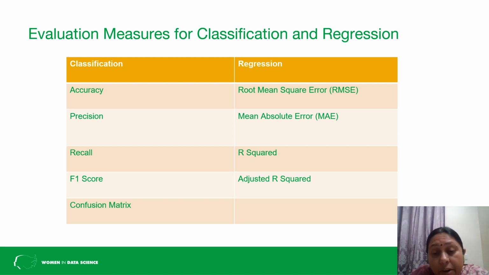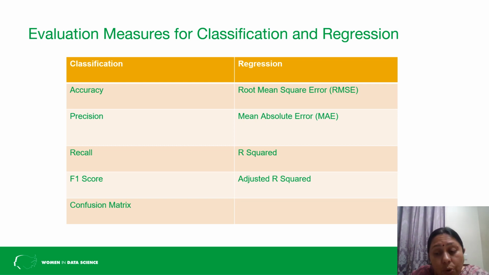Now, once we have built the models, we have to evaluate the performance of these models. So what happens when we are trying to build a supervised learning model? We have our input data set. We divide our input data set into training data and testing data.